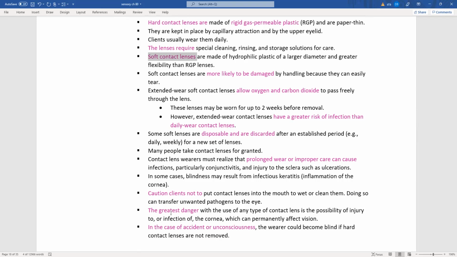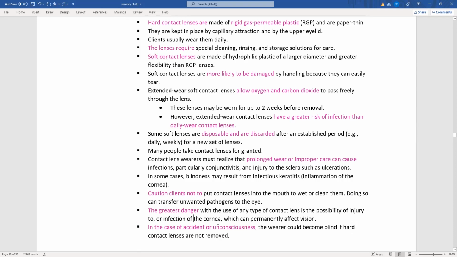Keep in mind that the greatest danger with the use of any type of contact lenses is the possibility of injury or infection of the cornea, which can permanently affect vision. So just keep this in mind, y'all.